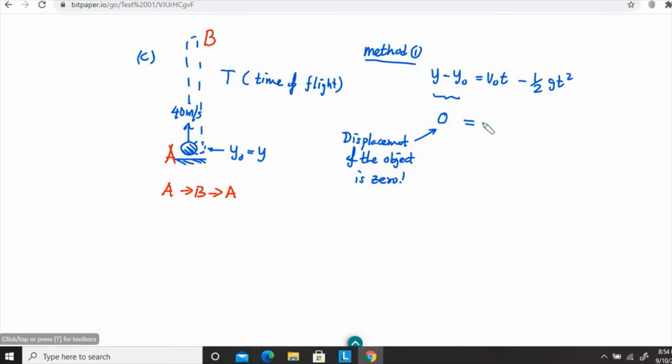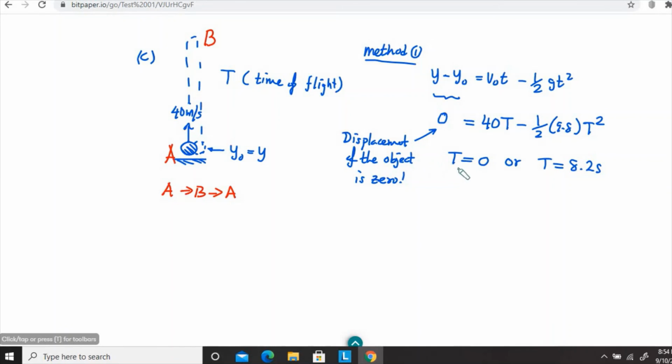So then we have on the right hand side 40 multiplied by uppercase T, that is the time of flight we need to figure out, minus 1/2 times 9.8 uppercase T squared. Okay, so you can solve this expression. Then, because this is a quadratic equation, you are going to get T equals 0, or you are going to get T equals 8.2 seconds.